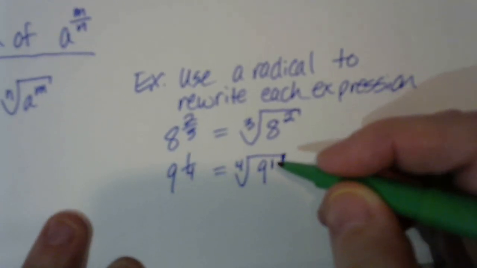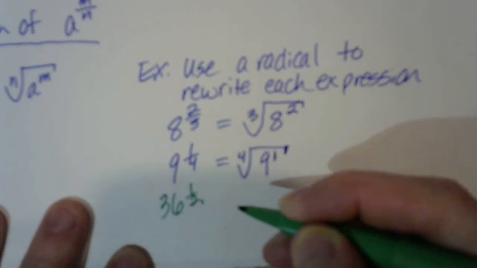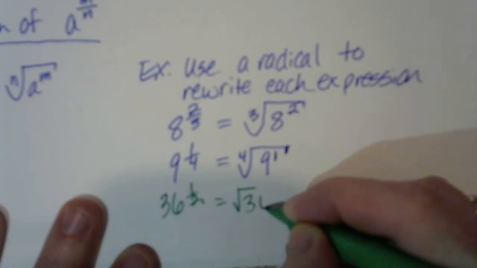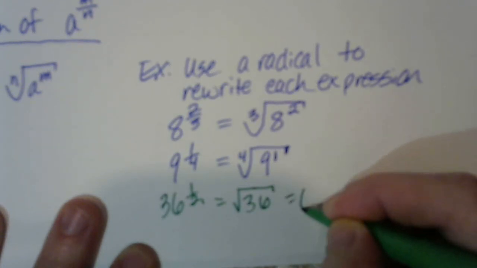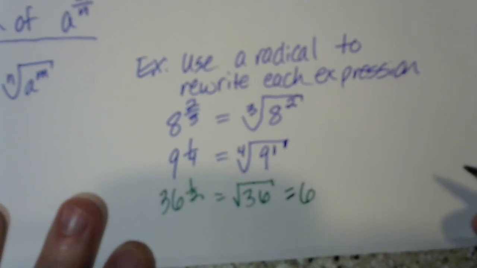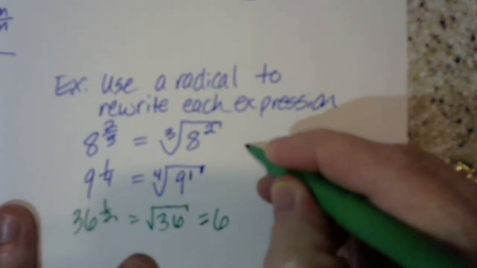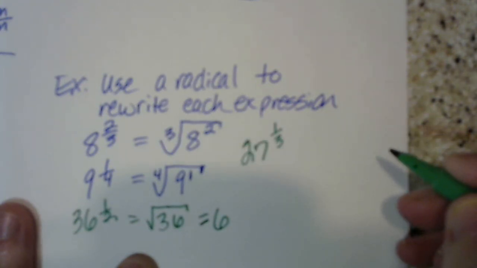And if you remember from the first video, we had 36 to the 1/2 power, and we know that that's the same as the square root of 36. So we know that's 6. And then we also learned in the first video, this may jog your memory, we had 27 to the 1/3 power.